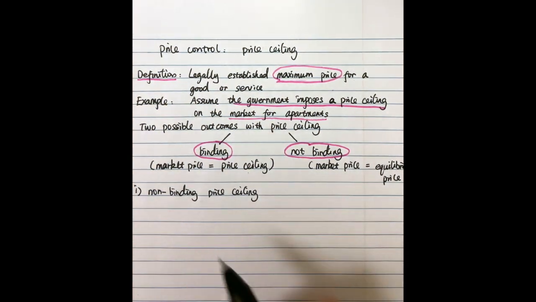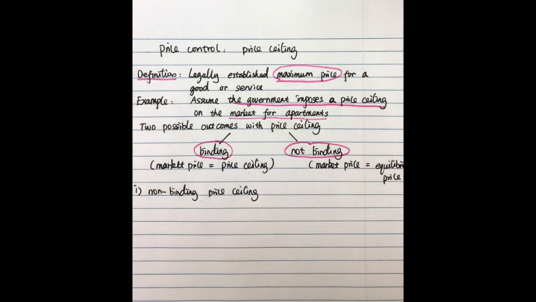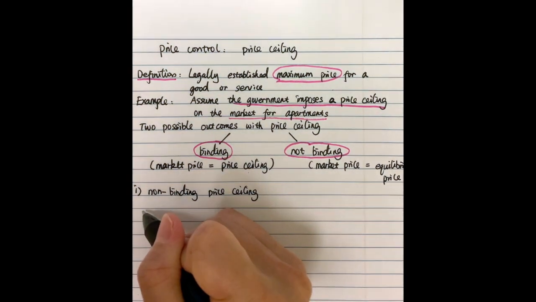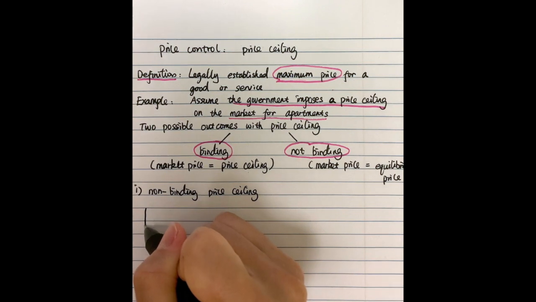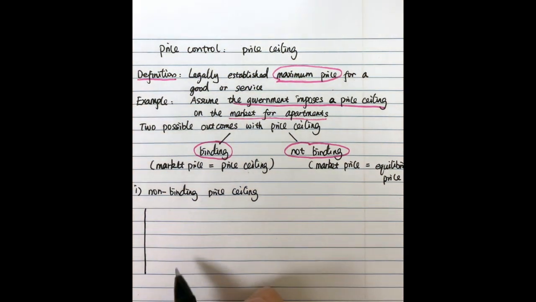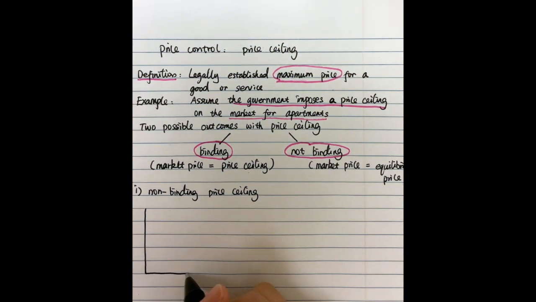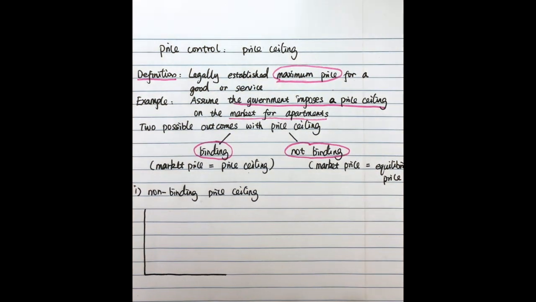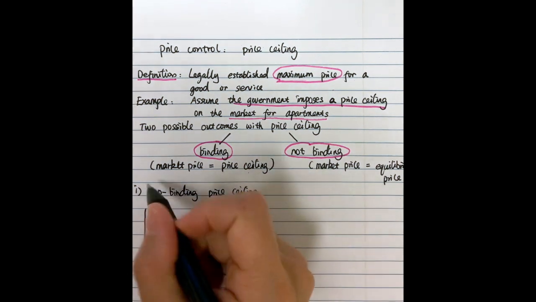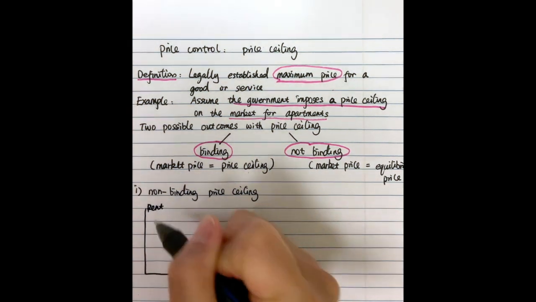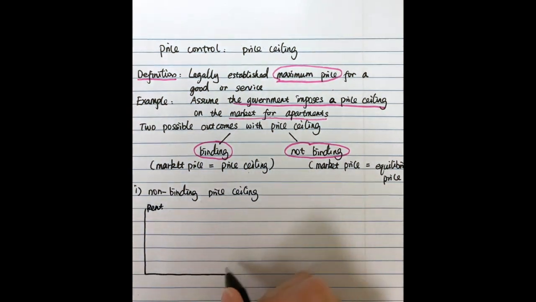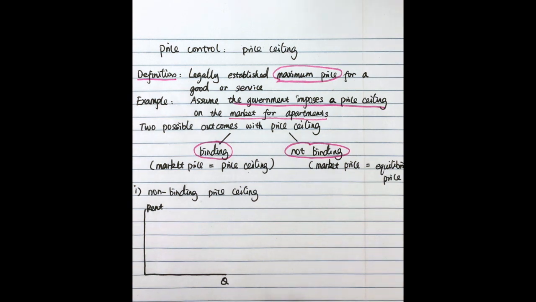Then we will still use the demand and supply model to help us analyze. I will put the rent for the apartments on the vertical axis, and I will also put the quantity of the apartments available in the market on the horizontal axis.